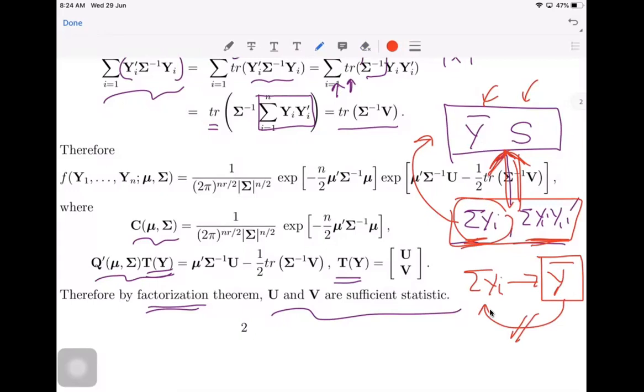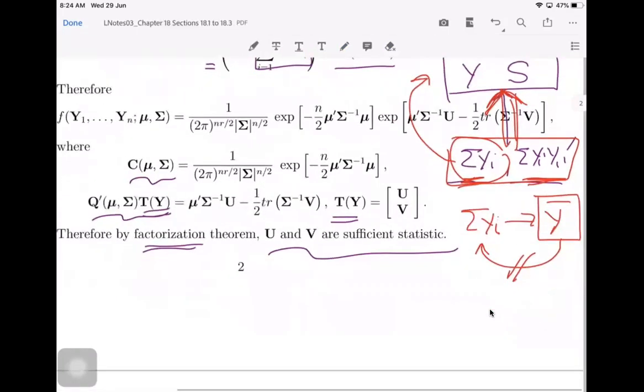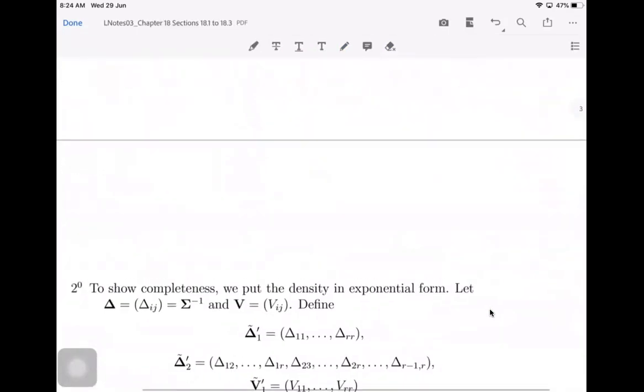It should be invertible, so you can derive one given the other, or the other way around. So that's why it is also a sufficient stat.